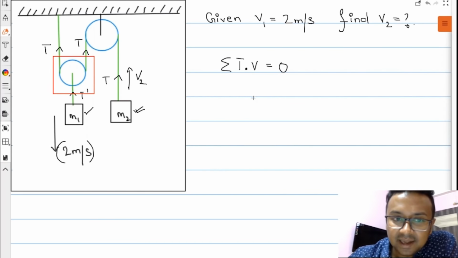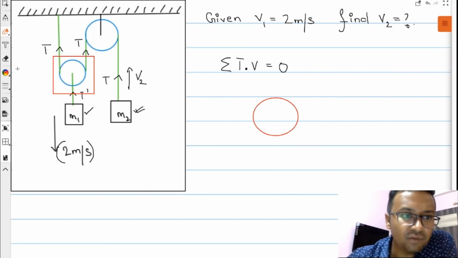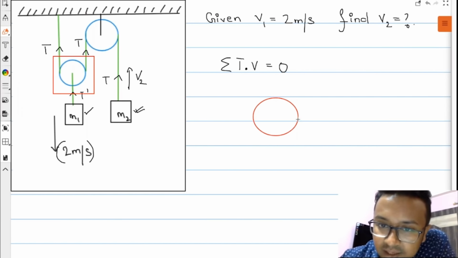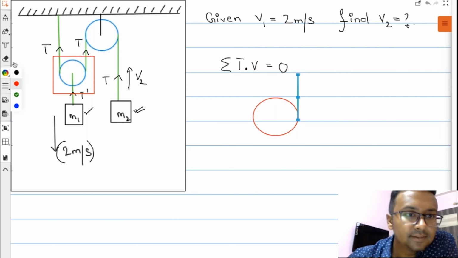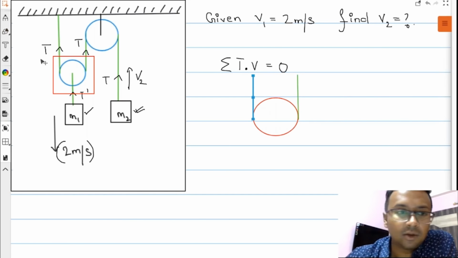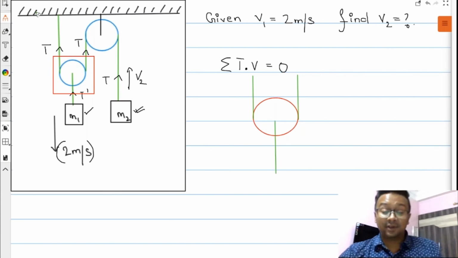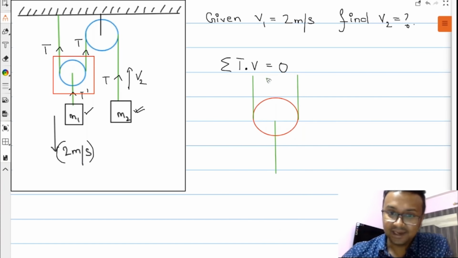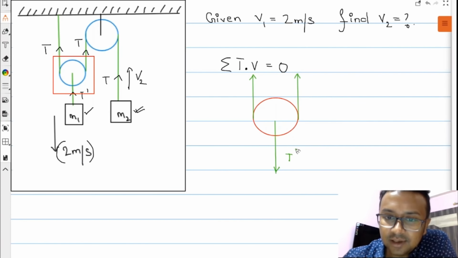What do I see? I've got a pulley out here, and there are tension forces. I've just told you in the very beginning, tension is always pulling in nature. So you've got a T here, a T here, and a T dash out here.